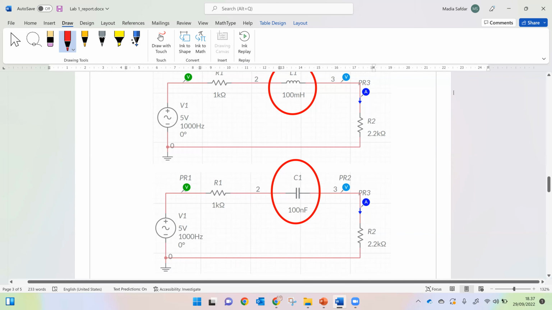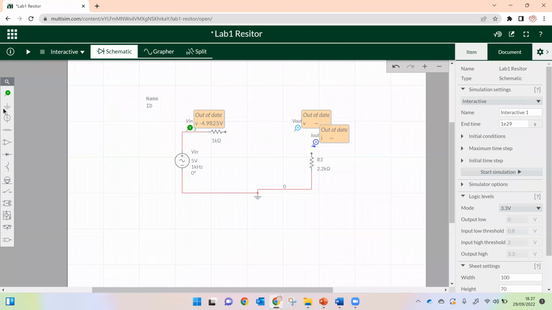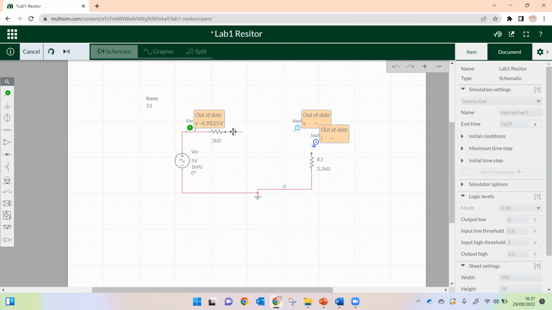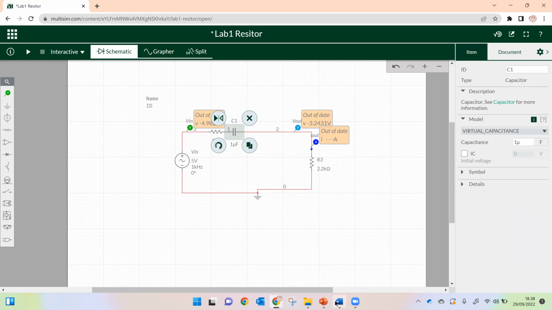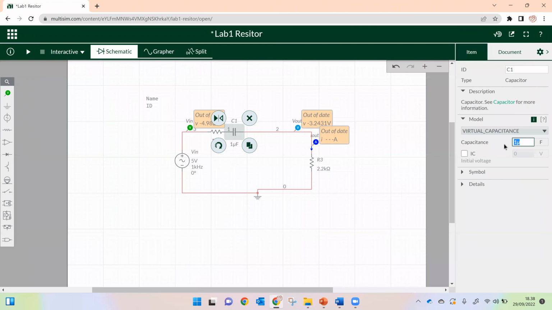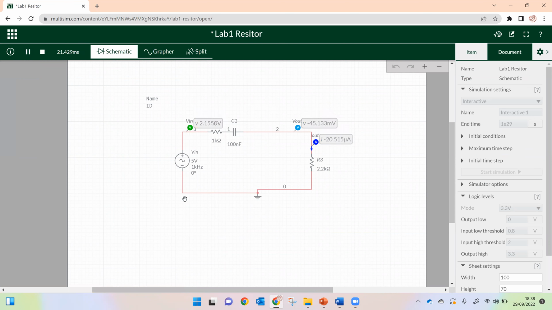You will just replace it, delete this one from here and put a capacitor here. So the value of the capacitor is 100 nanofarad. Change it to 100 n, N for nano. Now run it.